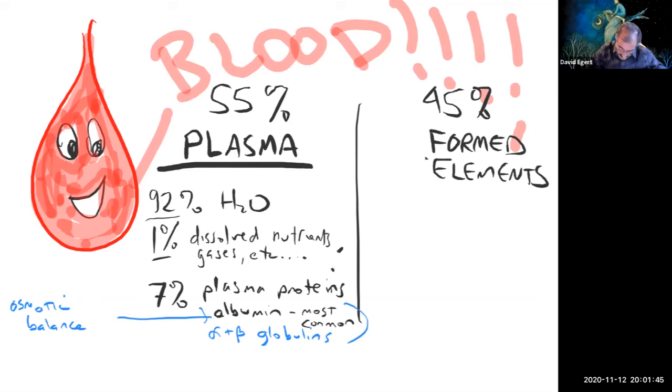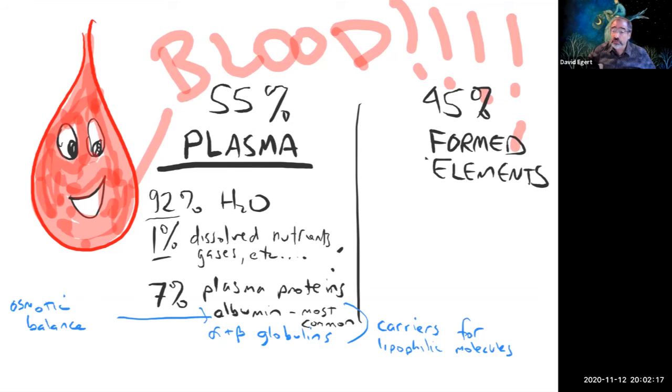Albumin, as well as these globulins, act as carriers. There are things you want to move around in your bloodstream that are hydrophobic: fat-soluble vitamins, steroid hormones.